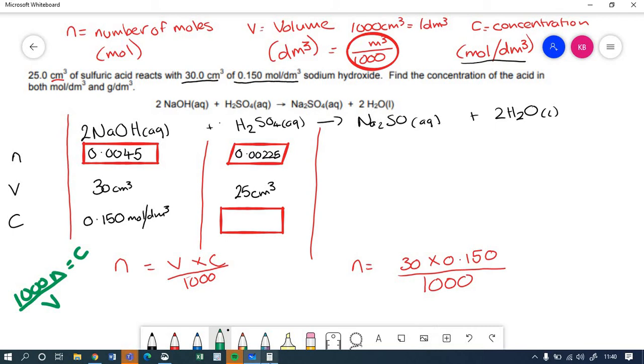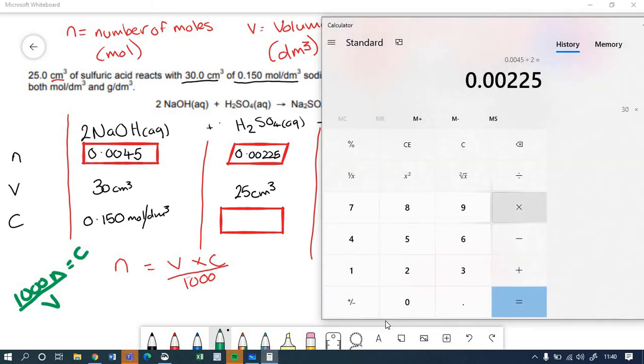Okay, calculator back up. Right, I'm going to cancel this out, so I can do 1000 times n, so that's 0.00225, and then divide that by 25.